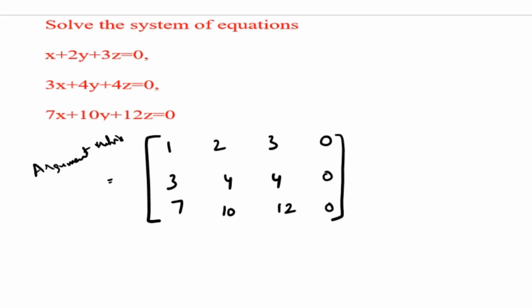Now for this matrix, we need to do elementary row transformations. By doing elementary row transformations, R2 implies R2 minus 3R1 and R3 implies R3 minus 7R1.